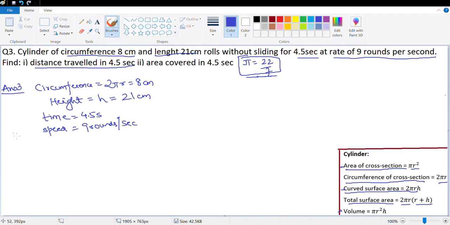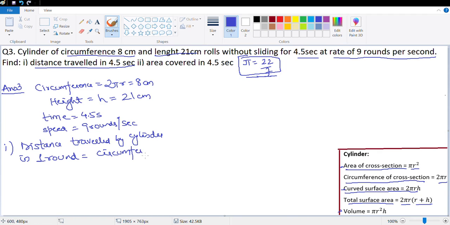So let's just write that down. Number 1, distance traveled by cylinder in 1 round is equal to circumference. So in this case, it is equal to 8 centimeter.